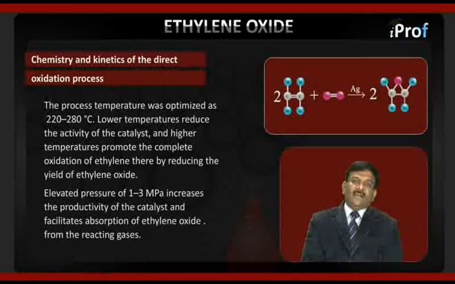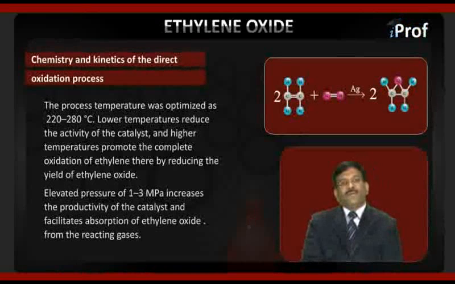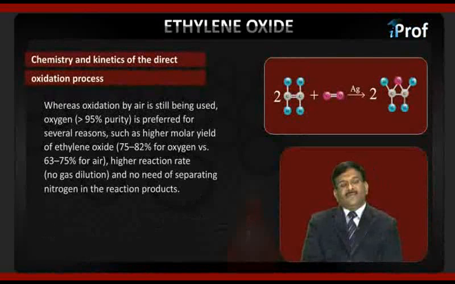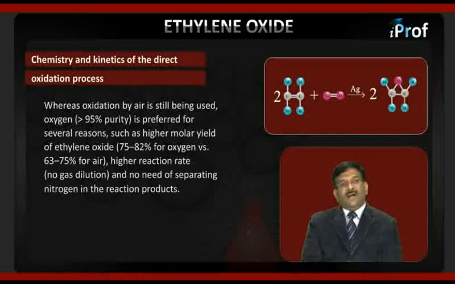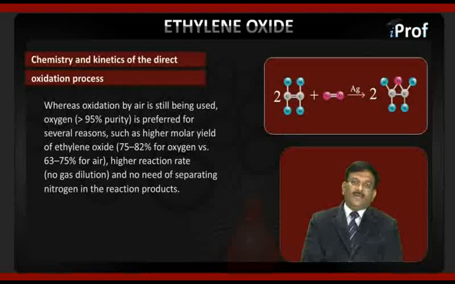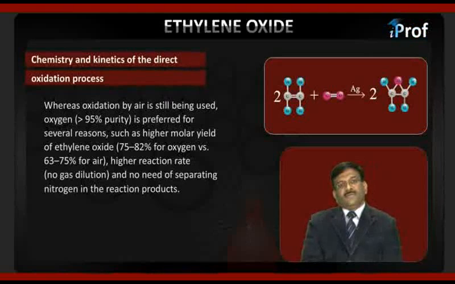Whereas oxidation by air is still being used, oxygen of greater than 95% purity is preferred for several reasons, such as higher molar yield of ethylene oxide, which is 75 to 82% for oxygen versus 63 to 75% for air, high reaction rates, and no need of separating nitrogen in the reaction products.